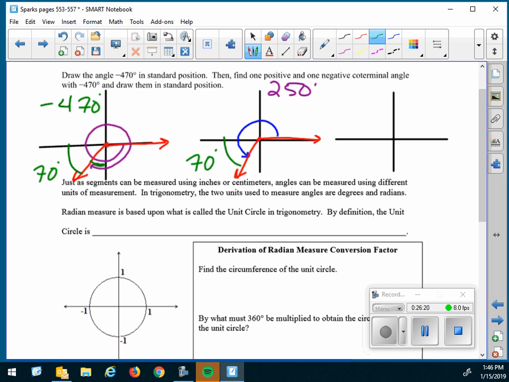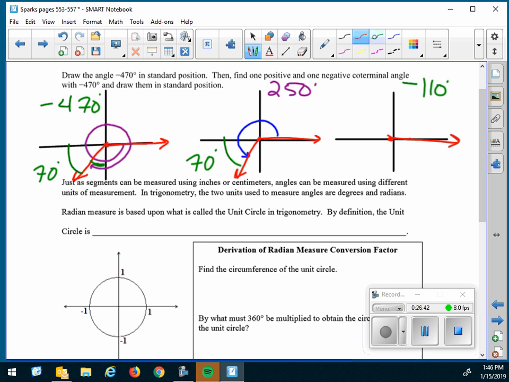Now, can you come up with a negative angle that is coterminal to negative 470 degrees? Negative 110? Is that what you got when you did negative 470 plus 360? Okay. Here we go. What direction is our rotation?